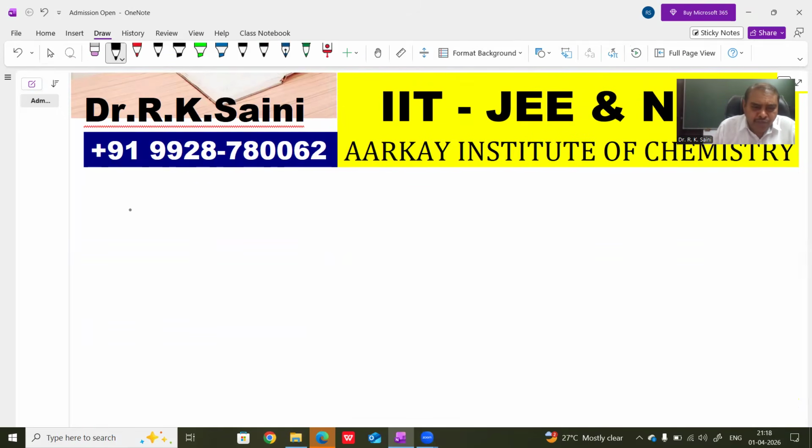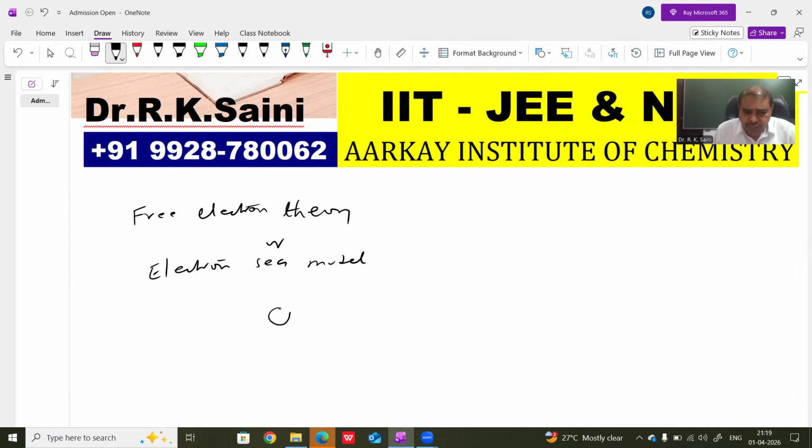According to the electron sea model or free electron theory, electrostatic force of attraction exists between kernel and mobile electron.